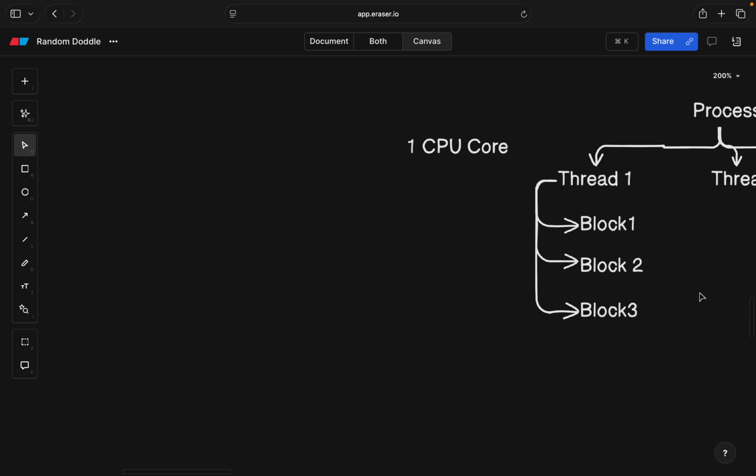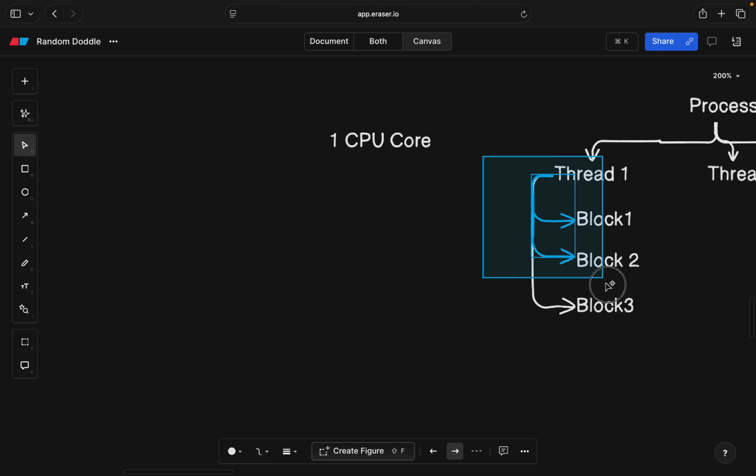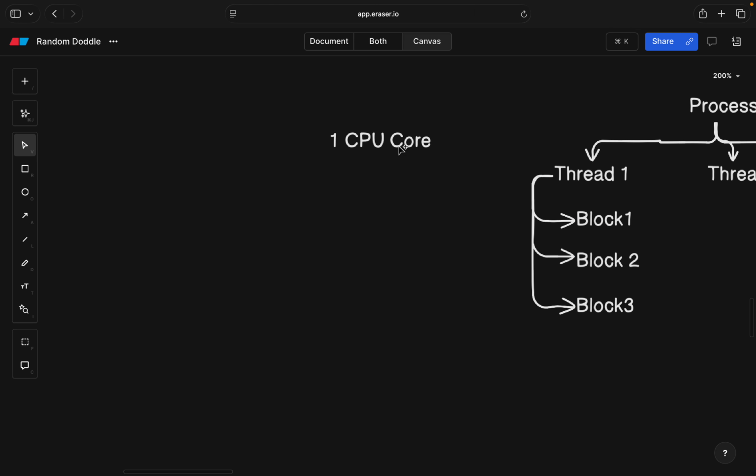We have a process, we have a single thread, and we have one CPU core with us. We have to execute thread one. One way of doing it is: I have to do this, I'll do this one, then this one, then this one.